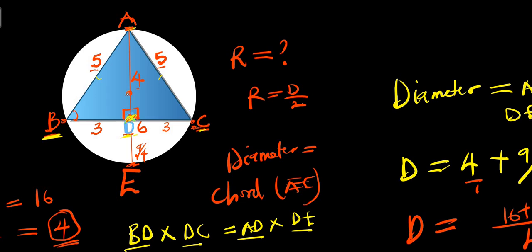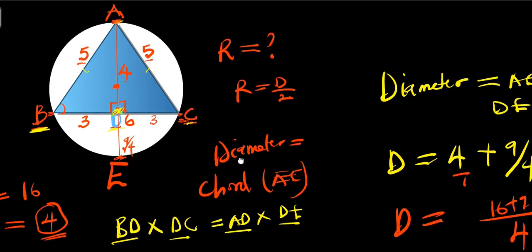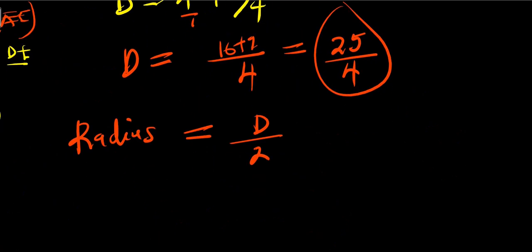So a diameter is a chord that passes through the center of the circle, right? At the same time, it's a chord. Don't forget that. This is not a diameter. It's only a chord because it did not pass through the center of the circle, right? So note that.